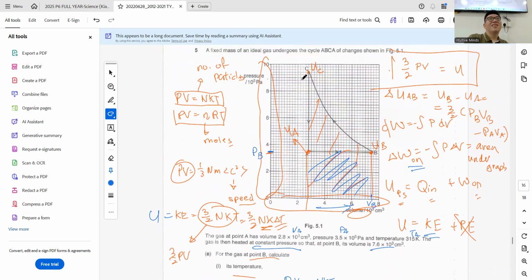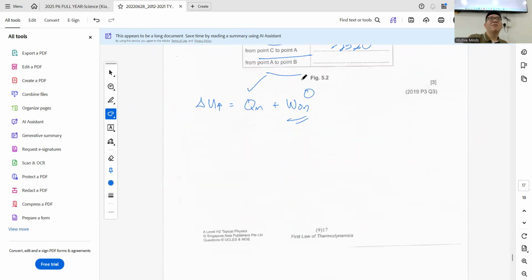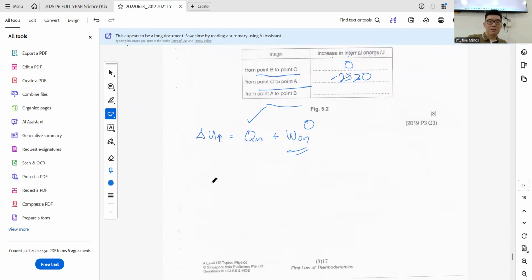So tell me, the cycle from C to A then to B again, you can put in the values: zero, minus, and plus.